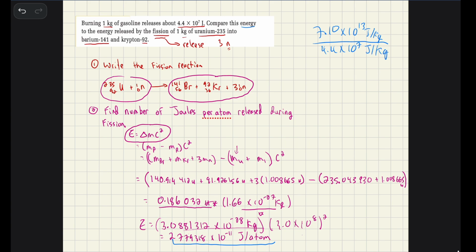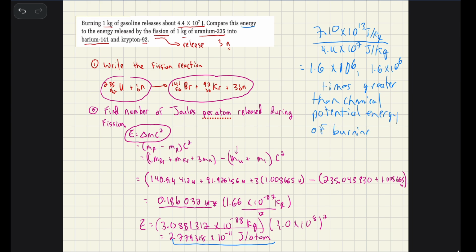That tells us how much more energy we get from the nuclear reaction in comparison to burning gasoline. In this case, we get about 1.6 times 10 to the 6. This means you get 1.6 times 10 to the 6 times more energy from 1 kilogram of nuclear fission than you do from 1 kilogram of a combustion reaction.